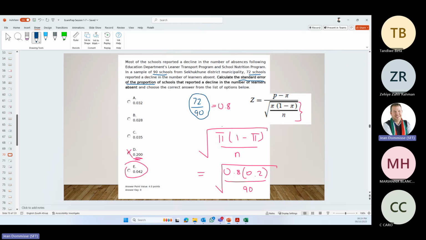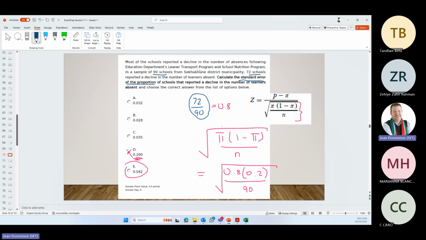That's why we bring in this pi that you would have seen in all our binomial tables, because binomial is basically something happens or not, but this is on a big scale, a much bigger sampling.